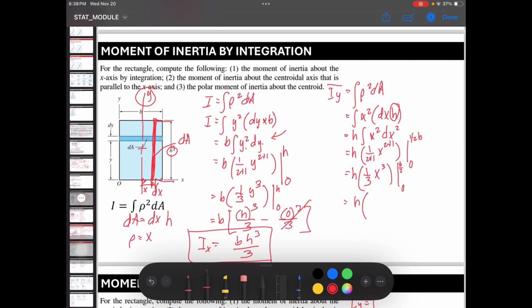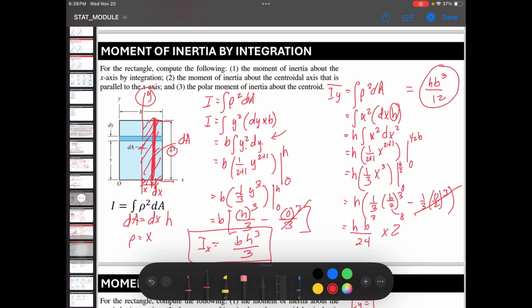Okay? 1/3 with x being b over 2 cubed, and then minus 1/3 of 0 cubed. That is gone. And then h b cube, and this will be 8 times 3, 24. Only half was evaluated, so times 2 again. So, our Iy bar is HB3 over 12.